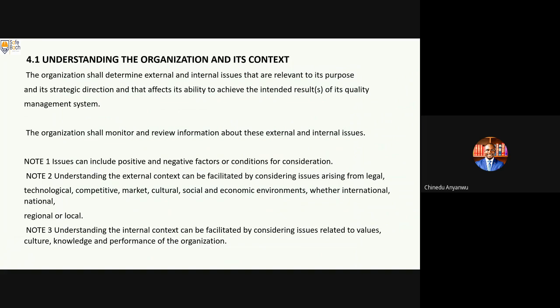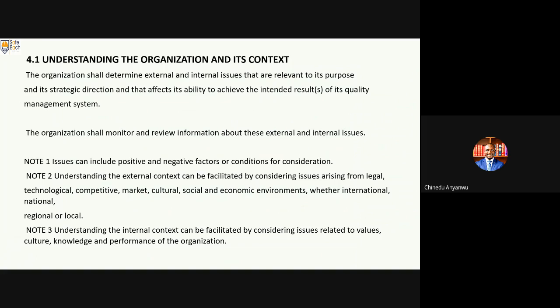Understanding the external context can be facilitated by considering issues arising from legal, technological, competitive, market, cultural, social, and economic environment, whether international or national or regional. This simply means these things are outside the organization's control, but they can affect the organization.